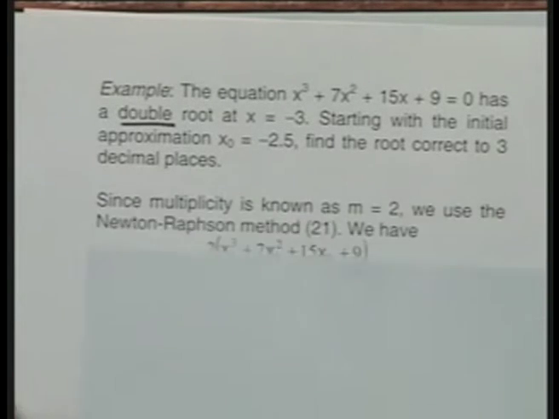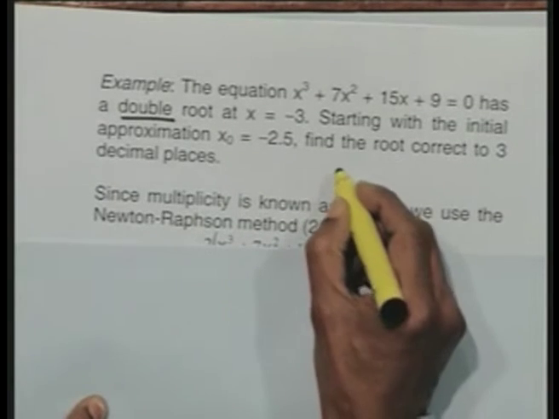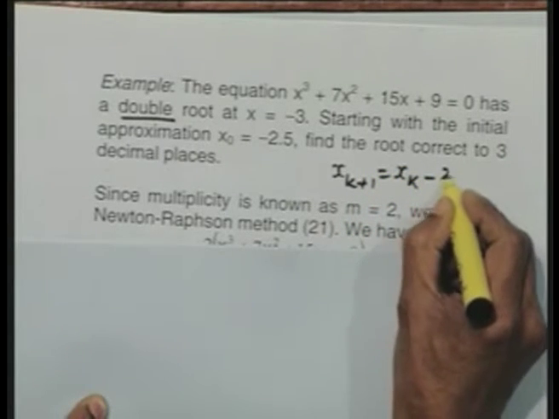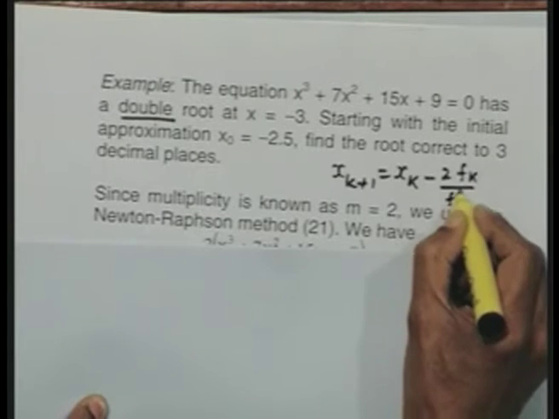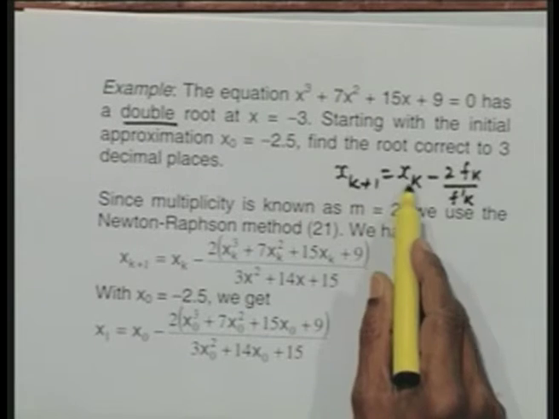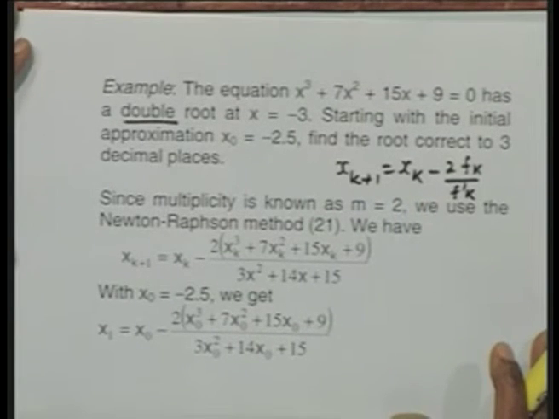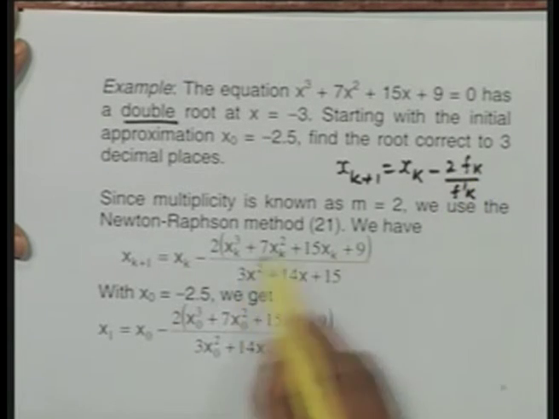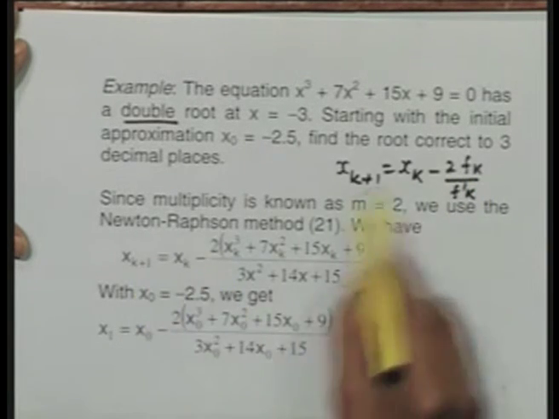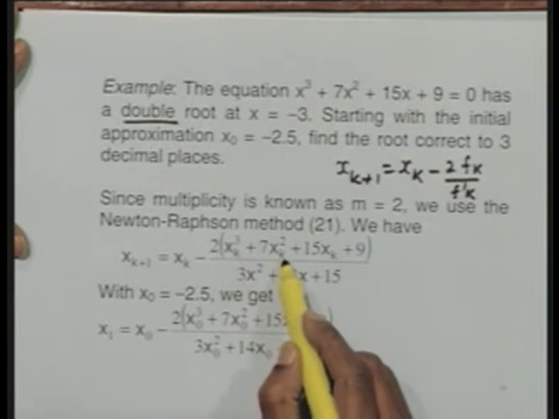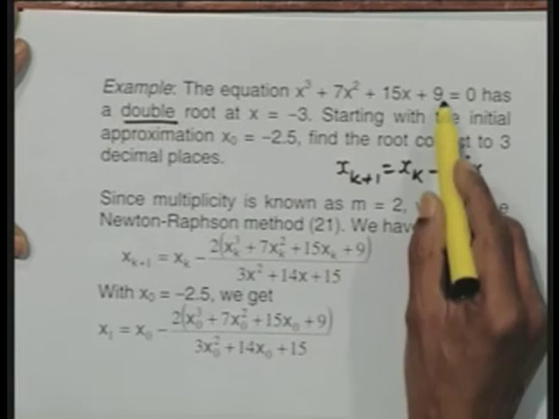Since m equal to 2 is given, I would now write down my method as xk plus 1 equal to xk minus 2 times fk by f prime k. Let us substitute the values of f of xk and f prime of xk. So xk plus 1 is xk minus 2 times xk cubed plus 7 times xk squared plus 15 times xk plus 9.